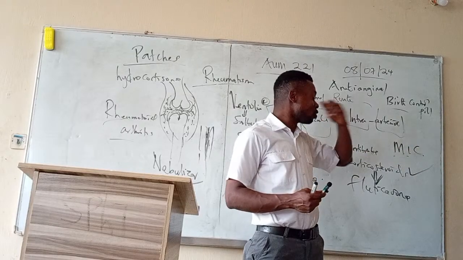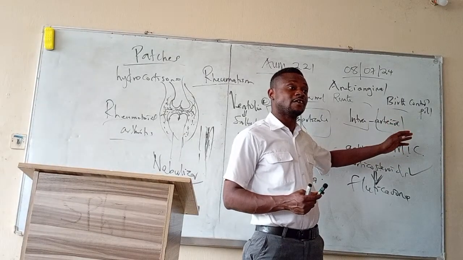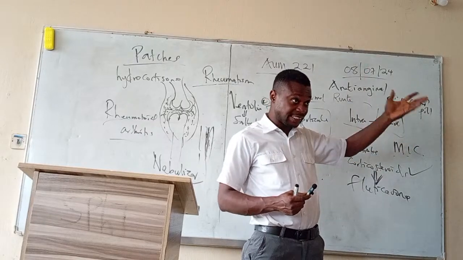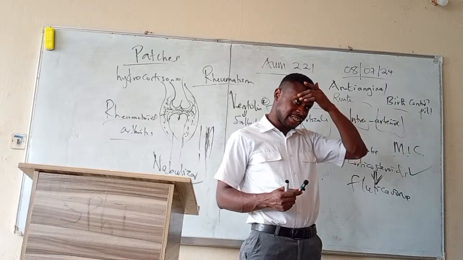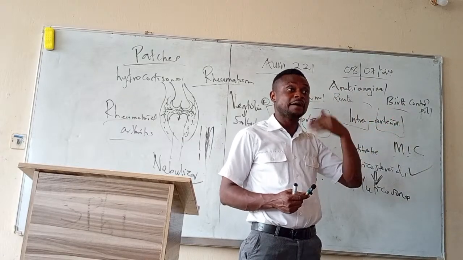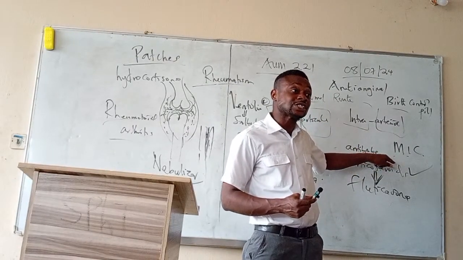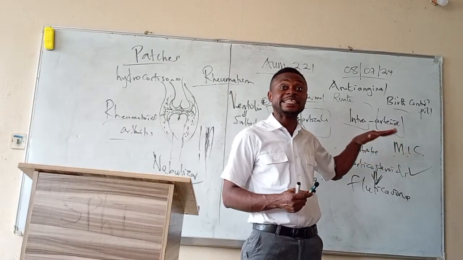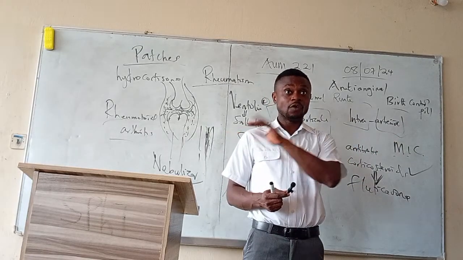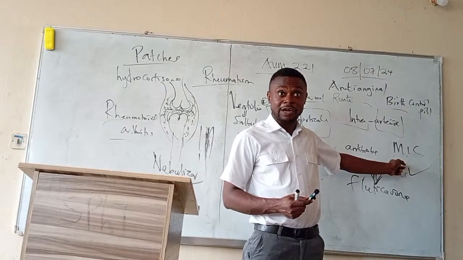When it comes to drugs like antibiotics, anti-infectives generally, that fight pathogens, be it bacteria, fungi, or what have you, there's a minimum concentration that should be maintained in the bloodstream to be able to attack these organisms.